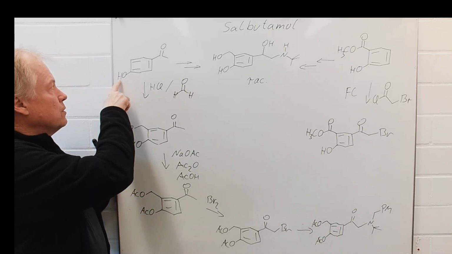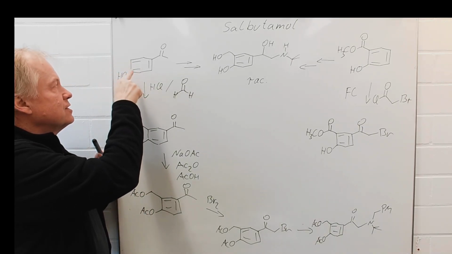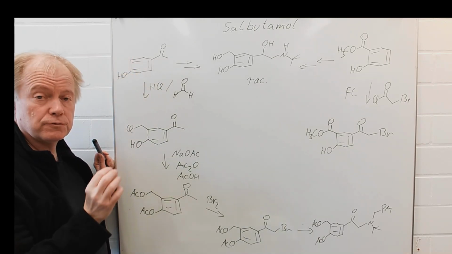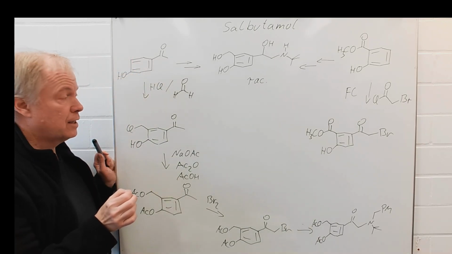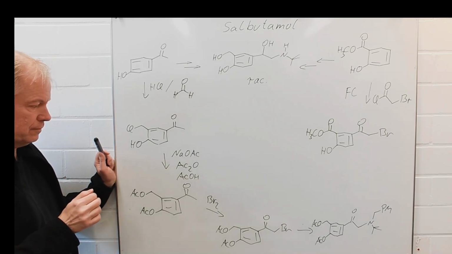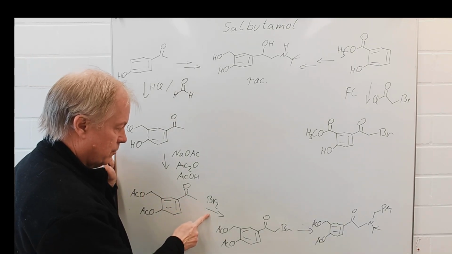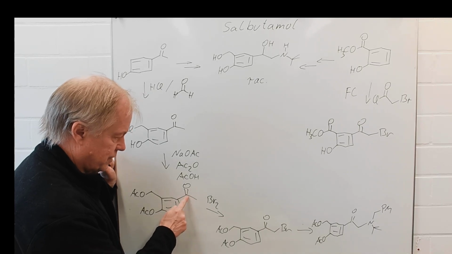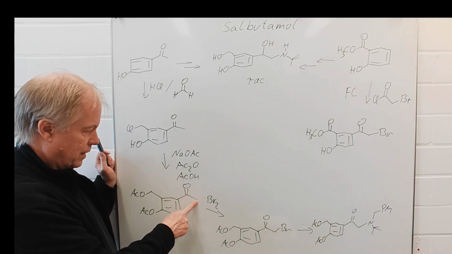As you remember, the phenol is activating both ortho positions for an electrophilic aromatic substitution, and now we want to make a bromination, but alpha to this carbonyl group.